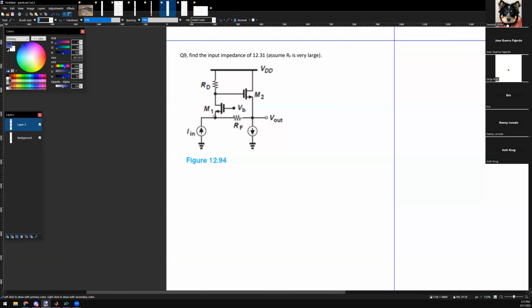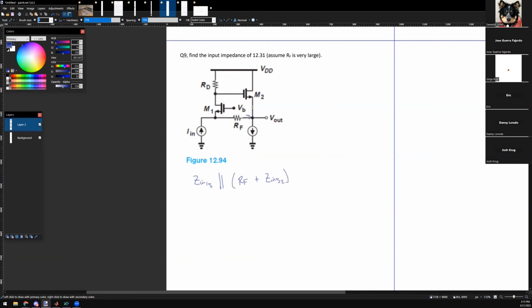Okay, so I have 2 paths and they're in parallel. I want the input impedance looking into the source of M1, Z in 1 source, in parallel with RF plus the input impedance looking into the source of 2.